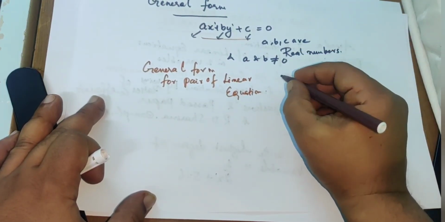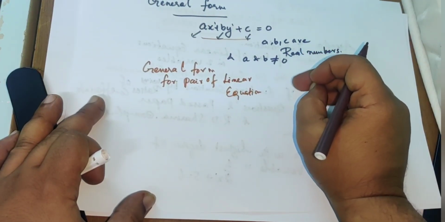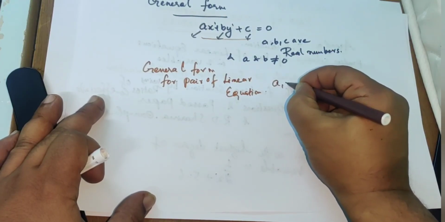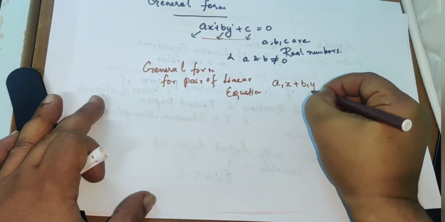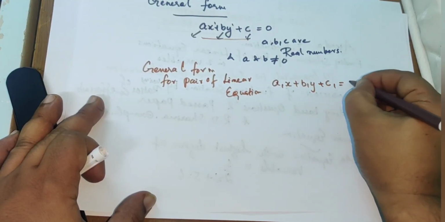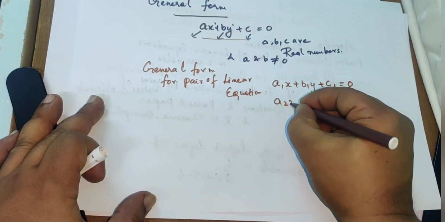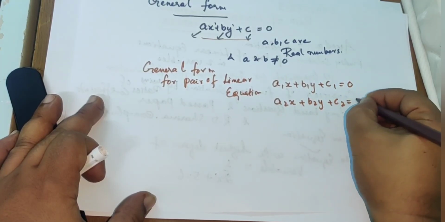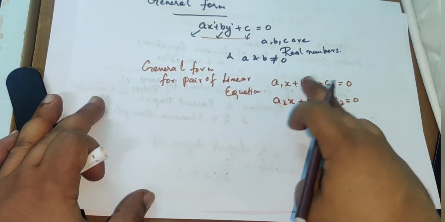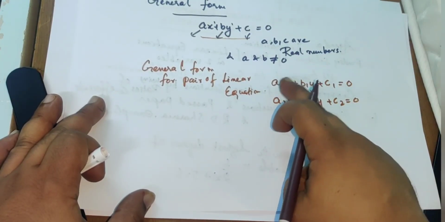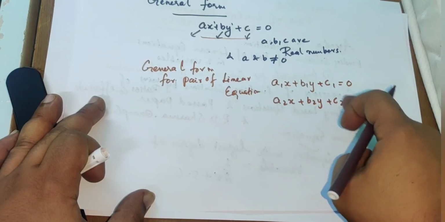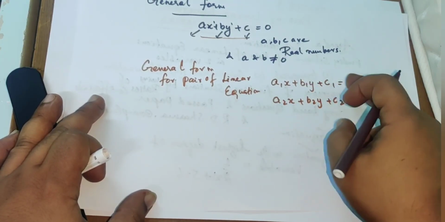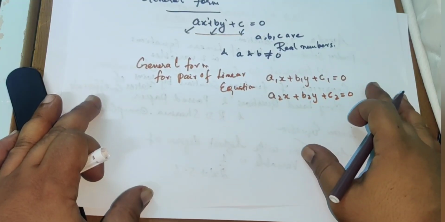But here we are discussing pair of linear equations, two linear equations we are going to be making, which is why a1x plus b1y plus c1 is equal to 0, and a2x plus b2y plus c2 is equal to 0. So here x and y both are variables in both equations. a1, b1, a2, b2 are the coefficients of x and y, and c1, c2 are the constants.